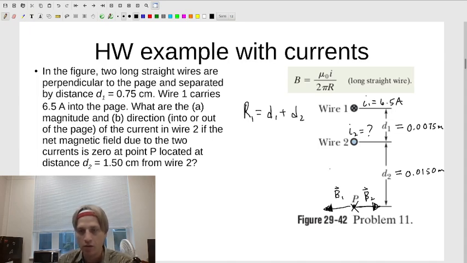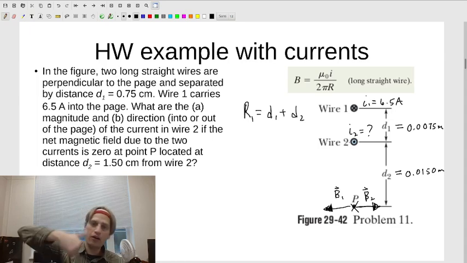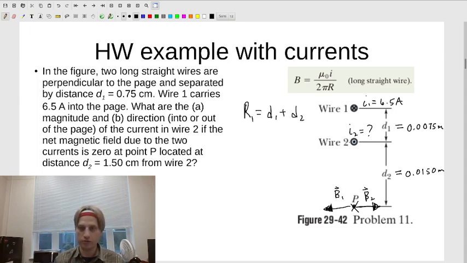So, if that's true, we know that wire 2 must have a current that's coming out of the page for our right-hand rule to imply that the magnetic field contribution at that point is pointing to the right. So we've answered our first question.